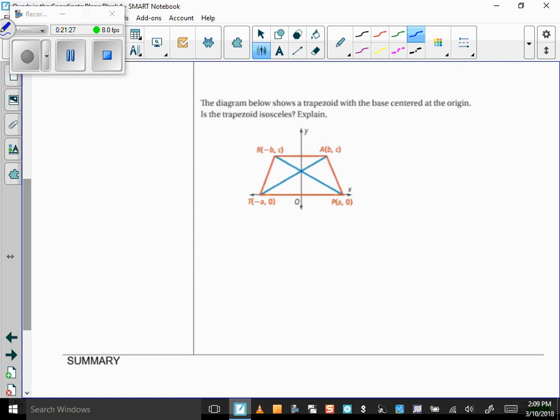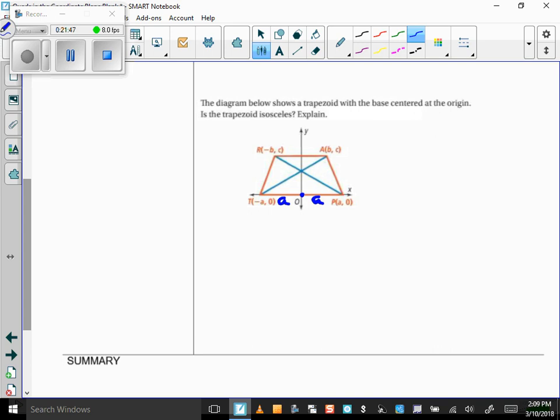The diagram below shows a trapezoid with the base centered at the origin. So the base is centered at the origin. That means this is A units, this is A units. Okay, it says, is the trapezoid isosceles? That is a great question, and I'm going to leave you with this.